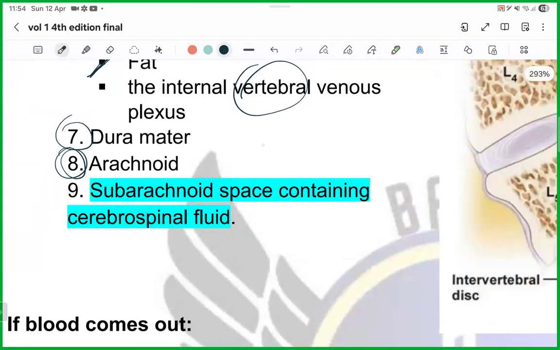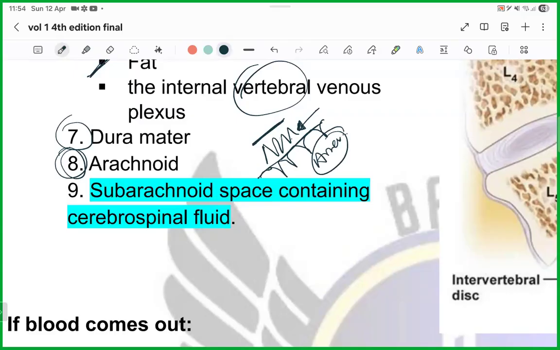For the brain coverings: dura mater, then arachnoid mater, and then pia mater, which is closely adherent to the brain. All the CSF and blood vessels are inside the arachnoid mater. After the arachnoid is the subarachnoid space. In this space, we get CSF.